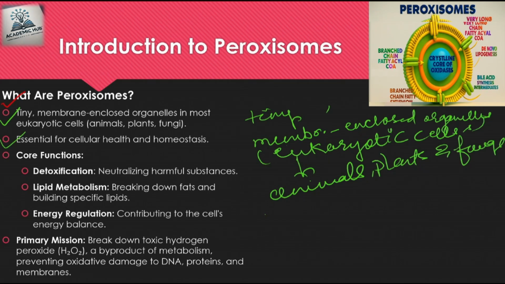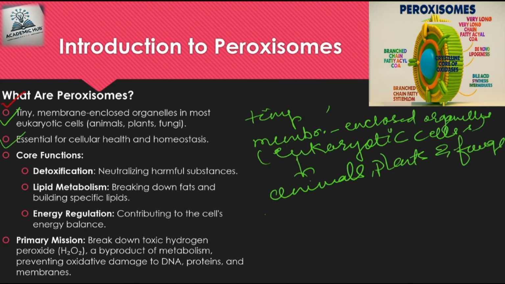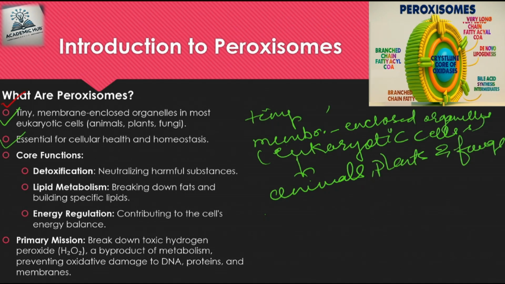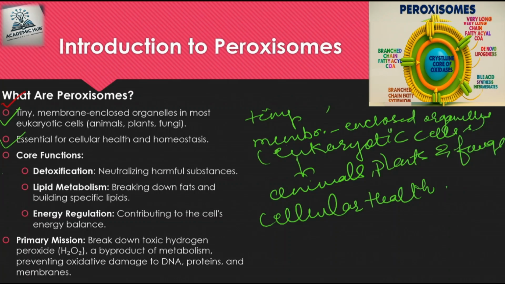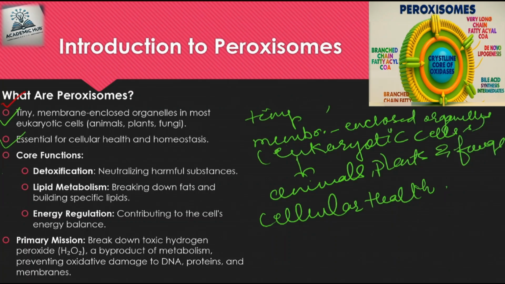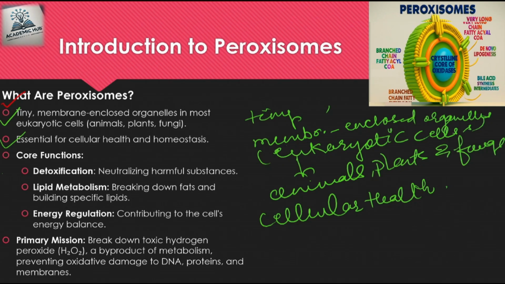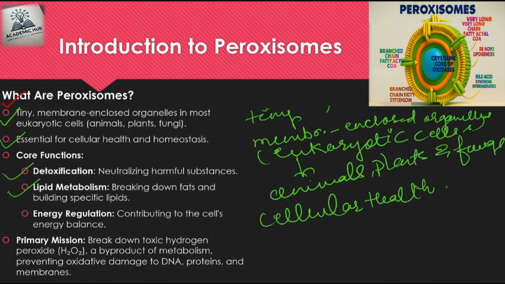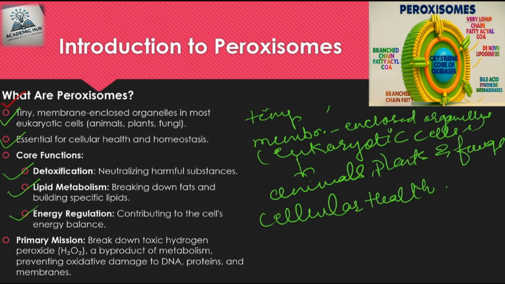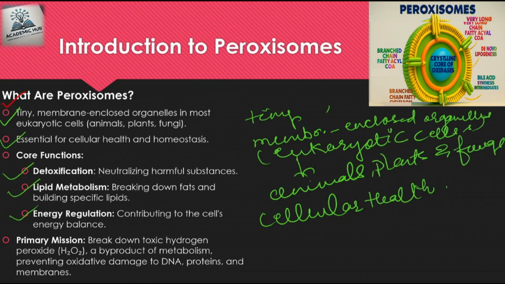They are essential for cellular health and homeostasis. How? They are indispensable for maintaining cellular health due to their central involvement in several vital processes, including detoxification, lipid metabolism, and energy regulation. We will know these three step by step in detail.